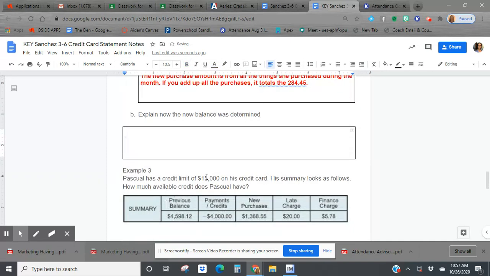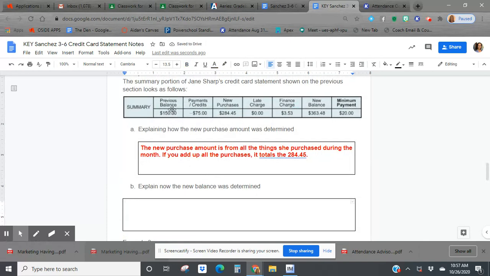Explain how the new balance was determined. So you have a previous balance and a payment and a new purchase and a new balance. So check this out. We take the previous balance, we subtract the payment because that's money that you paid to the account, we add the new purchases, $284.45, and we add the finance charge, and this equals your new balance.